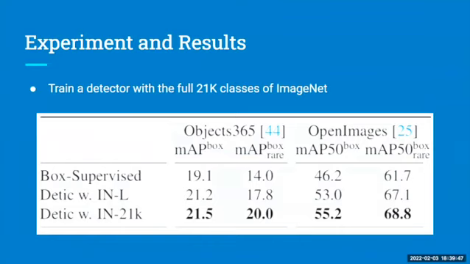They evaluate on two large-scale object detection datasets: Objects365 and Open Images, both of which have around 1.8 million images. As you can see, Detic with its 21,000 labels performs amazingly in all cases on both datasets, and does greatly compared to the baseline scores.